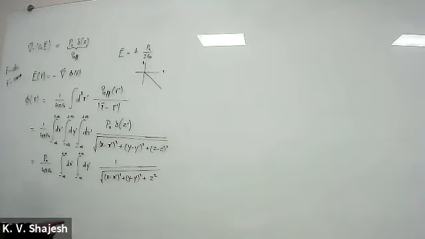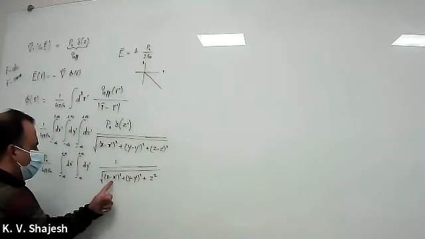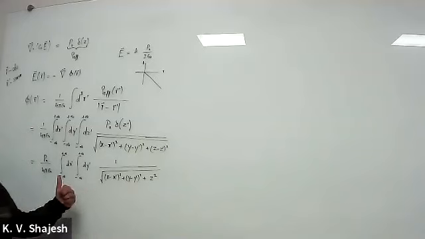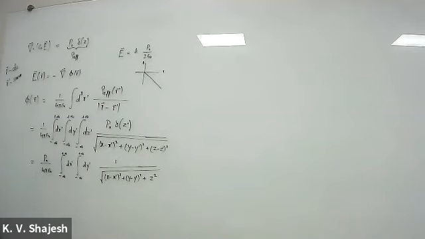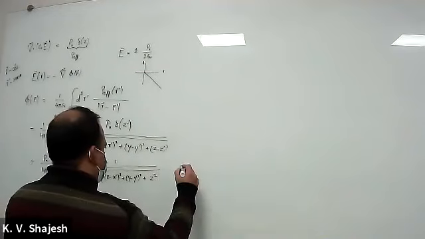Notice that I can substitute x minus x prime to be something, y minus y prime to be something, and then I can do this integral. So yeah, that one I can actually do.